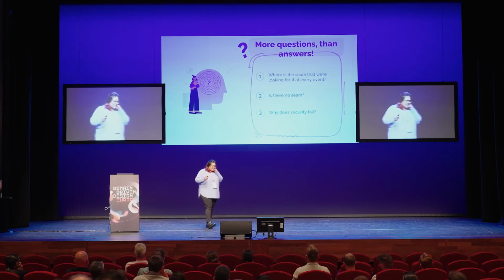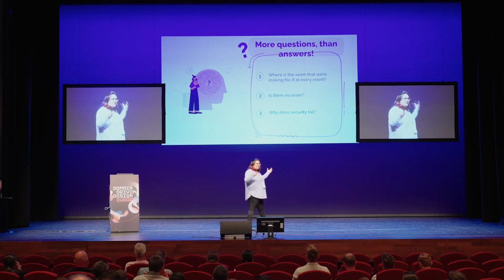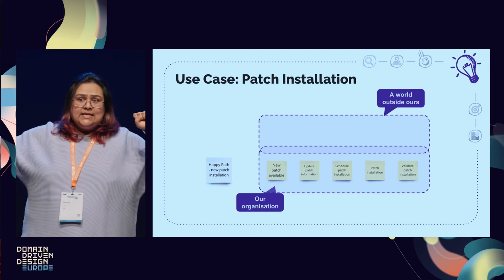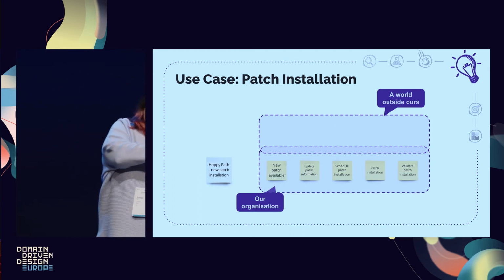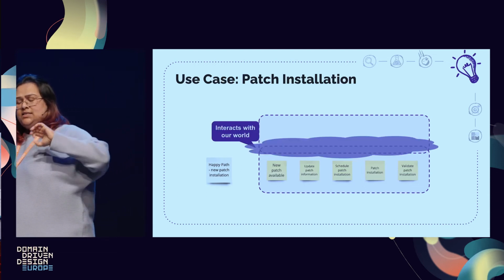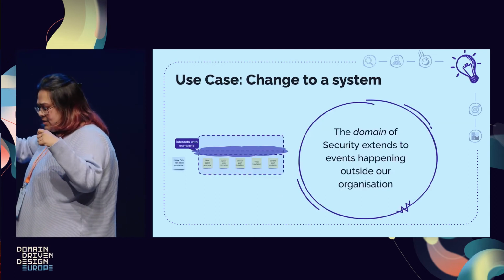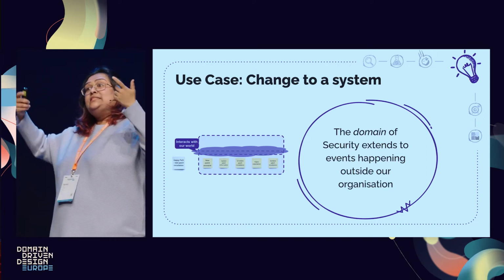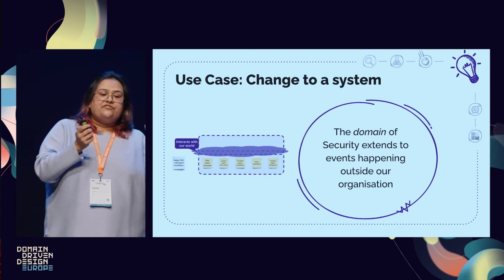So as we are thinking through this and having conversations and trying to model the context within the organization, the context outside of the organization, we start seeing a very interesting thing happen, where there are events not just within the organization, but events outside the organization that lead to security failures.